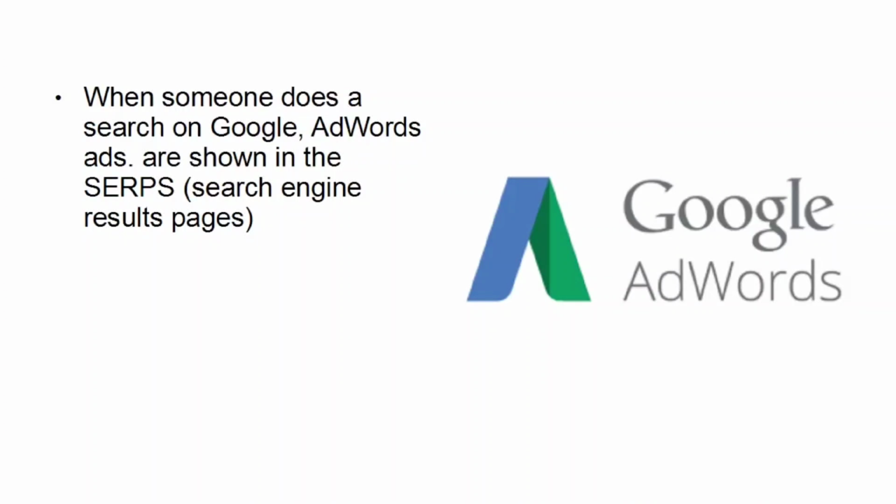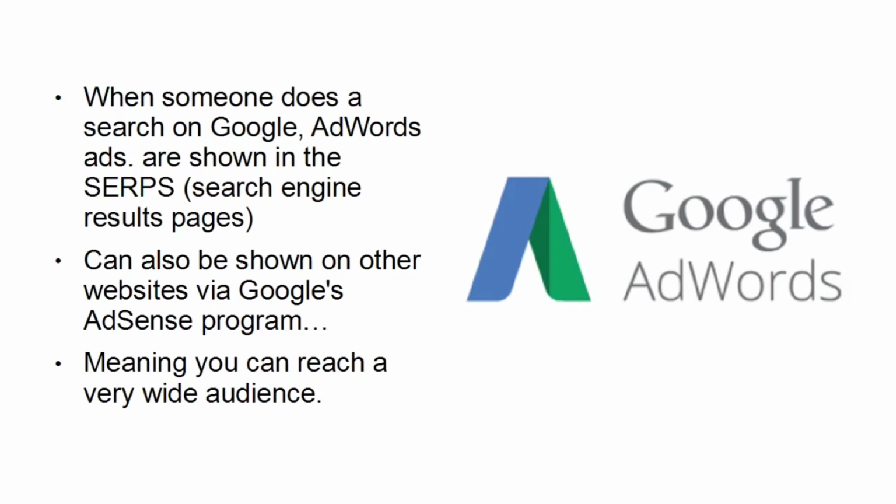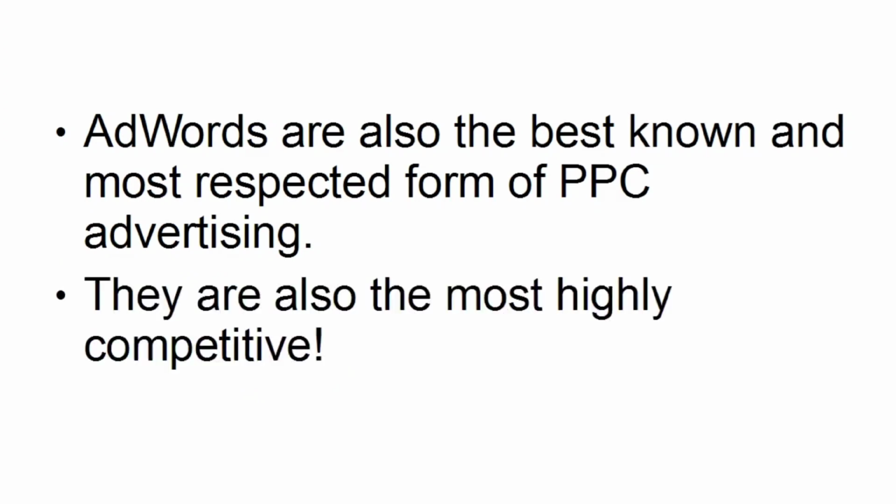And you can see they usually say ads or sponsored results. And you can also show an ad on somebody else's website via Google's AdSense program, meaning you can reach a very wide audience with Google AdWords. AdWords are also the best known and most respected form of pay-per-click advertising, but they're also the most highly competitive.